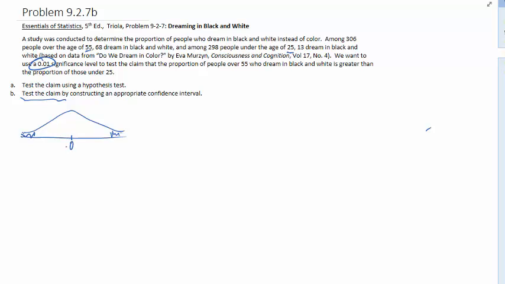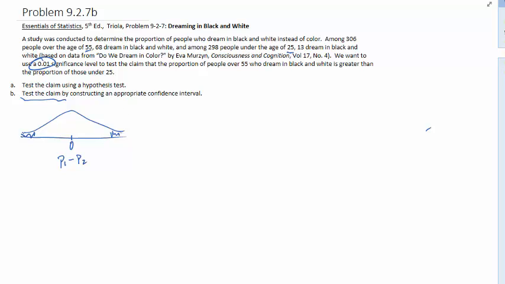So this is 0 over here, and what we're interested in doing is constructing a confidence interval to find the difference between P1 and P2. Depending on where our confidence interval is, if it includes 0, then we could be within this boundary. If it's not going to include 0, then we're going to be out of that boundary.